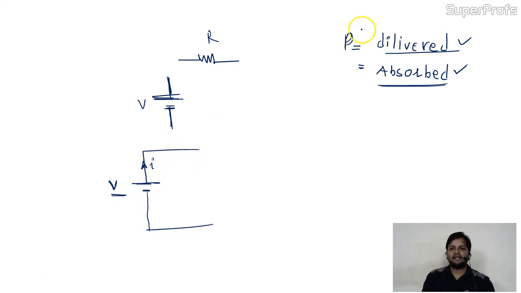And energy supply per unit time is nothing but the power, as we know. Means this current will go to the circuit and will come back again. So if in the source the current flows from negative terminal to positive terminal, then this power is the delivered power by the source.